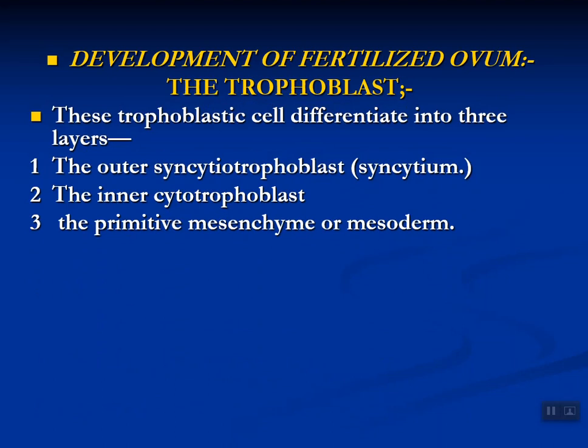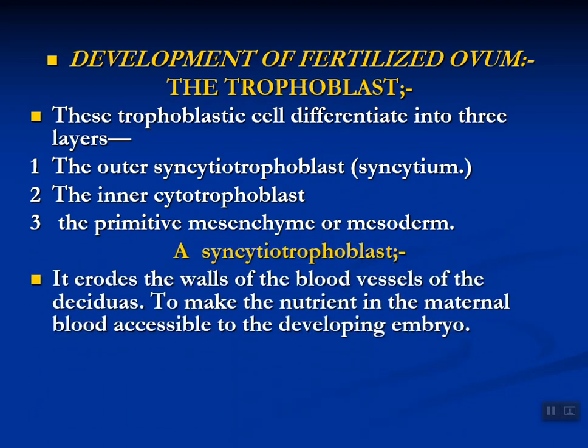They differentiate into 3 layers: outer syncytial trophoblast, inner cytotrophoblast, and primitive mesenchyme or mesodermal cells. From these 3, different organs, vessels, or parts of the fetus will be developed.